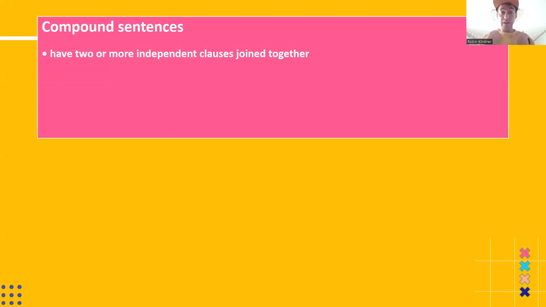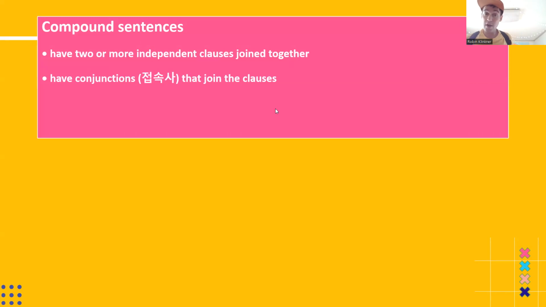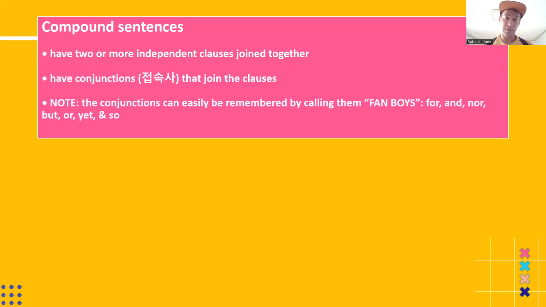It's a complete thought. It has a subject and a verb. So a compound sentence combines at least 2 complete thoughts. And it uses conjunctions that join the 2 independent clauses, and these are called coordinating conjunctions.